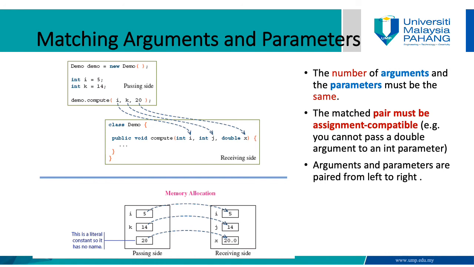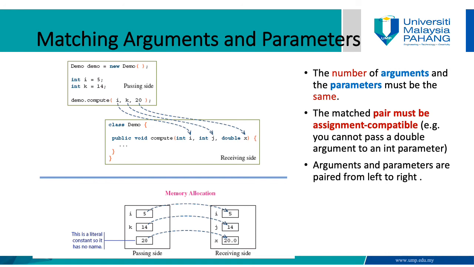You cannot pass a double argument to an integer parameter. For example, you define a string, but suddenly your argument, which is the value, is a number.